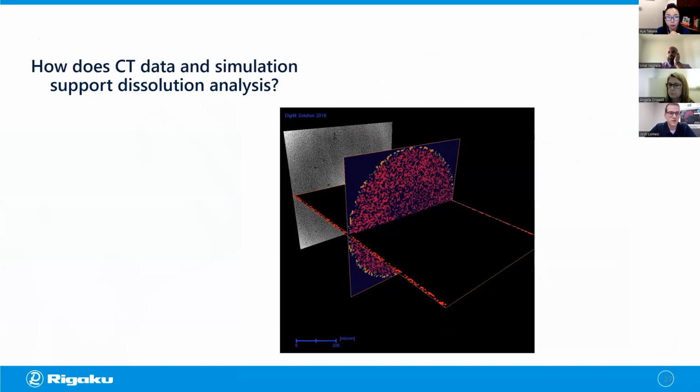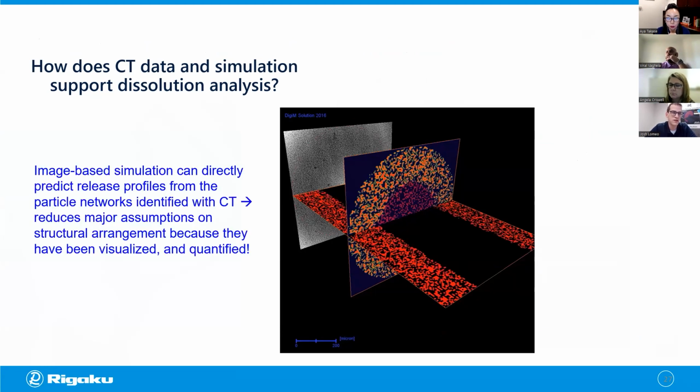We can even go a step further here and simulate drug release, in this case, from this implant. This is something where we are actually using the structures that we've visualized with CT, quantifying those structural networks, and then using that to predict release.